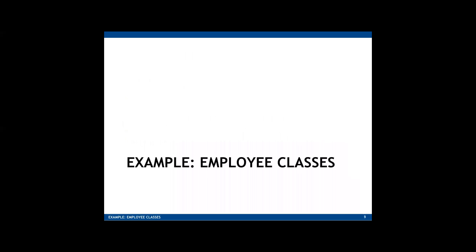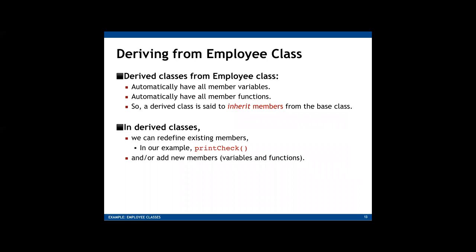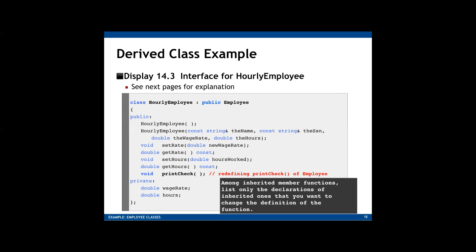But the HourlyEmployee class also declares the print check member function here because it wants to redefine its function definition. So in summary, unless you want to redefine inherited members, you don't need to specify them in the derived class.